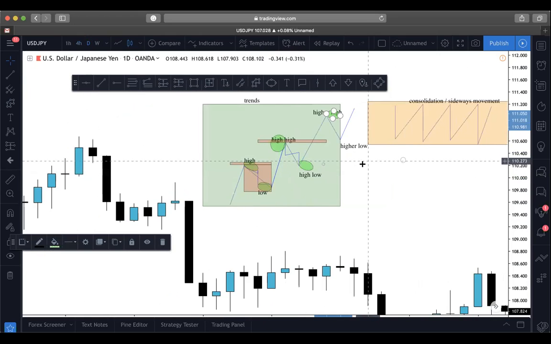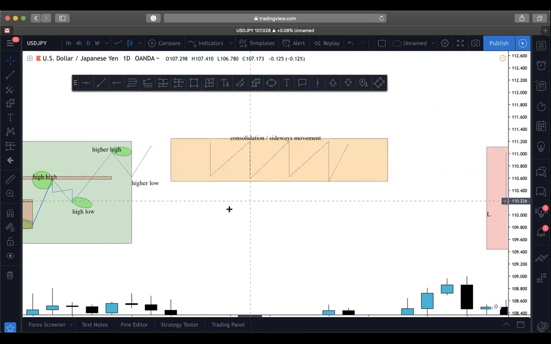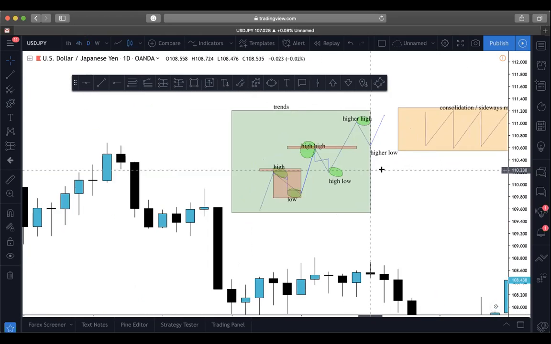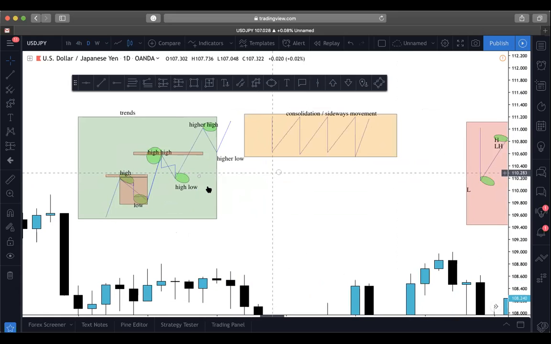Now the trend does change, obviously, because it could go from an uptrend to sideways to a downtrend, or from an uptrend to a downtrend, or from an uptrend to sideways to an uptrend, right?